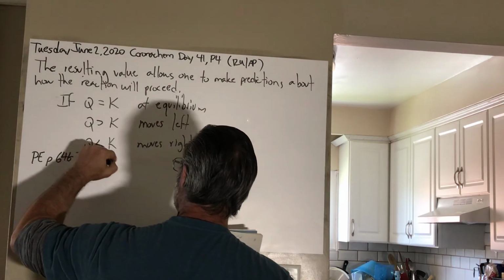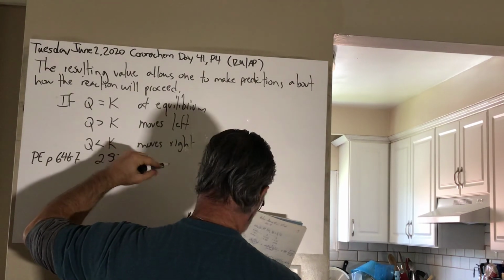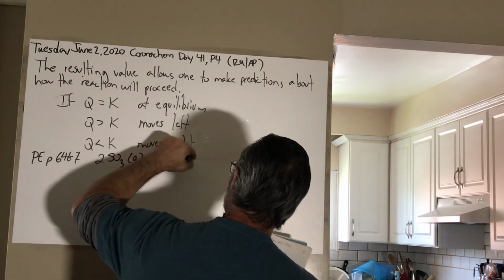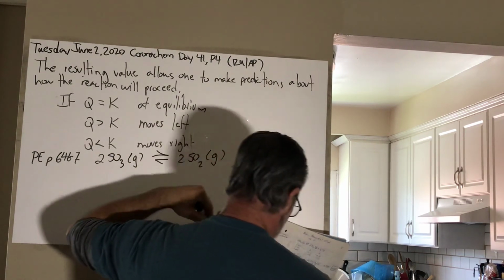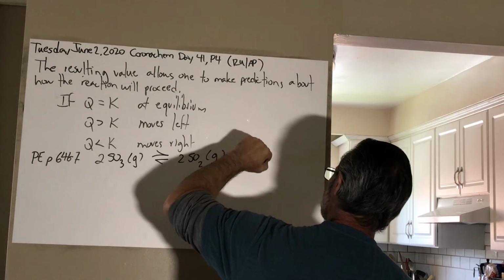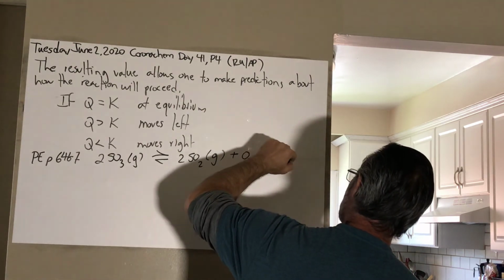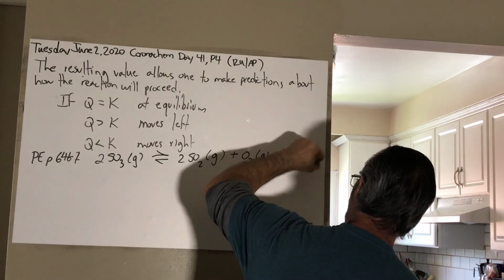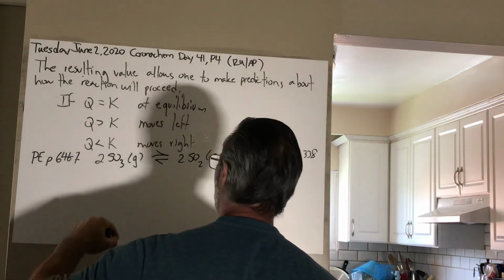So you get 2 SO3 gas, 2 SO2 gas, and O2 gas. Kp of the reaction is 0.338. We determined that in the last one.